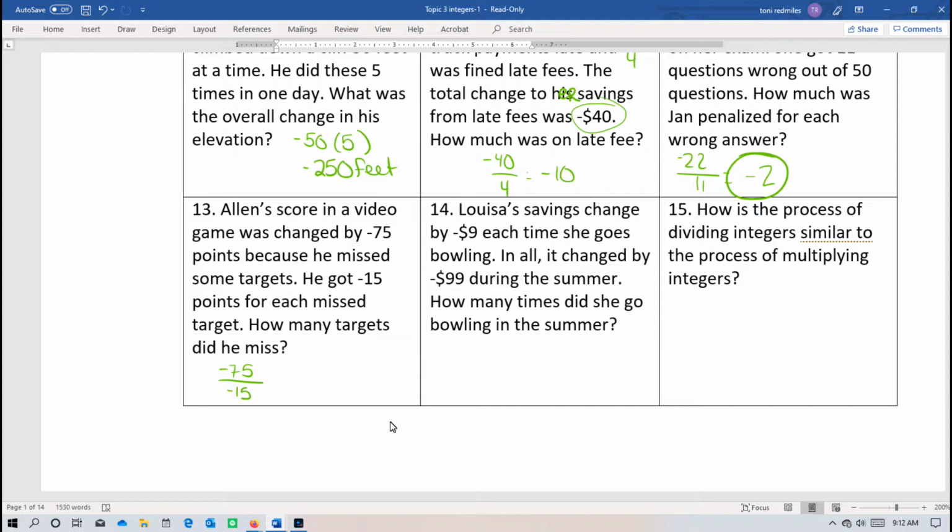So look, this time I have 2 negatives because 75 is how much he got in negative points, and he gets negative 15 points for every missed target. So they're both negative numbers, so they're going to give us a positive number. So let's see, 15 goes into 75 5 times. So 5 targets.